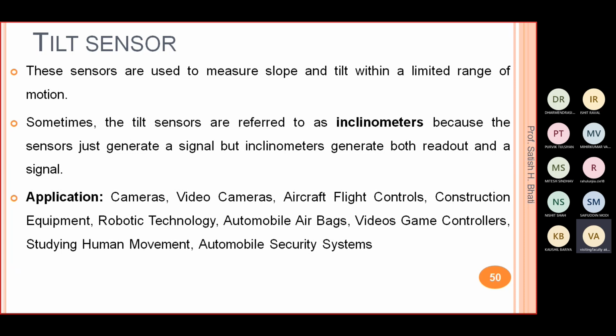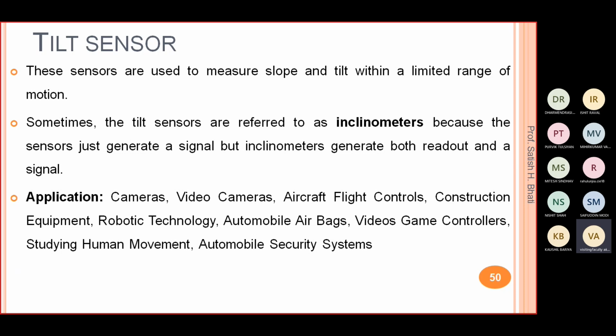Then in construction equipment we also use tilt sensors. In robotics technology, in some robotic devices you can use the tilt sensor to find the inclination of some surface. Then in automobiles, the airbag also has a tilt sensor, so whenever an accident happens, the airbag automatically comes out.